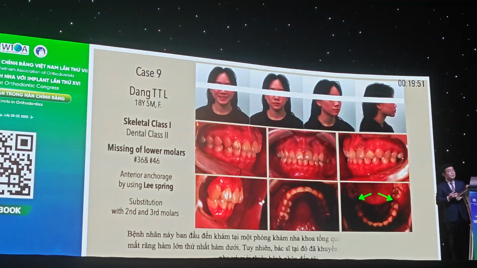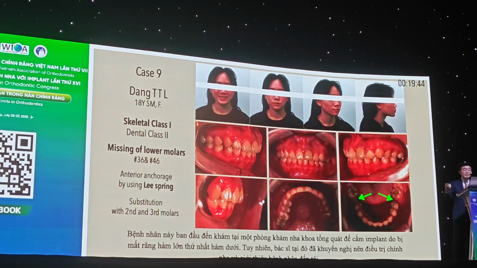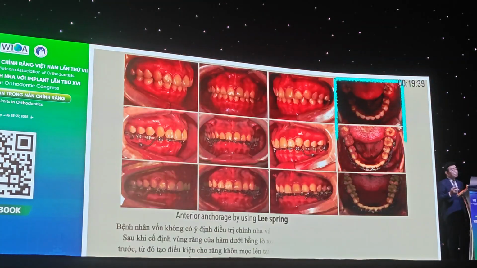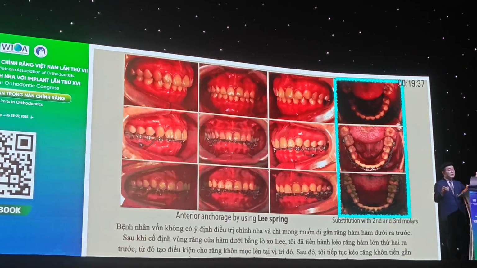This patient visited a general dentist for implants due to the loss of the mandibular first molars. However, the dentist recommended orthodontic treatment and referred the patient to me. The patient, who had not considered orthodontic treatment, primarily desired the forward movement of the mandibular molars only.